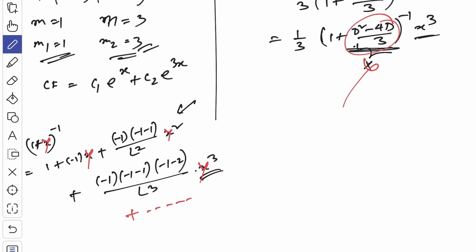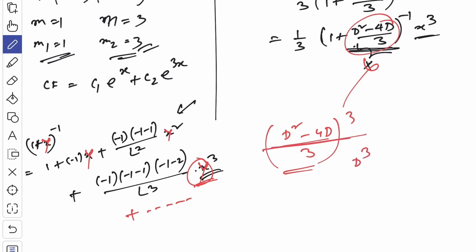We are going to get an infinite number of terms, but we take only those 3 terms, because when you cube d square minus 4d by 3, where y is nothing but this term, the minimum power on d is 3 after expanding this one. And here the power on x is 3.